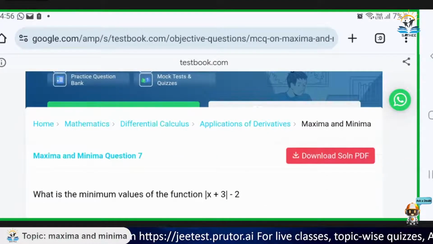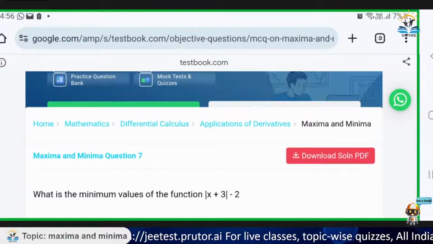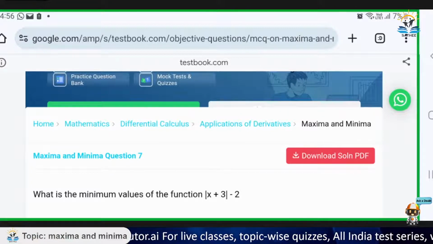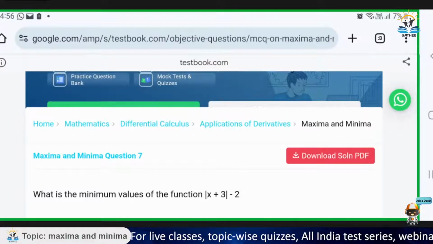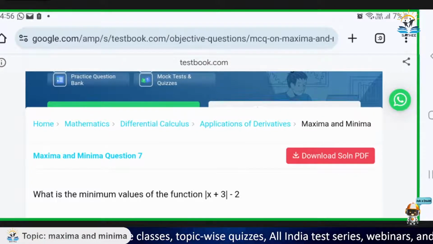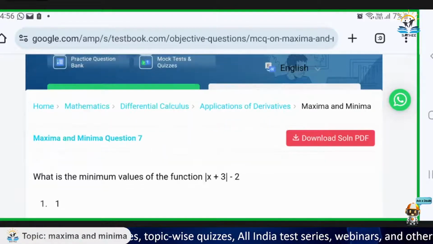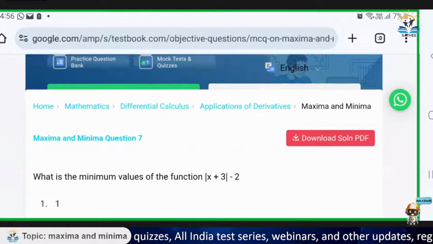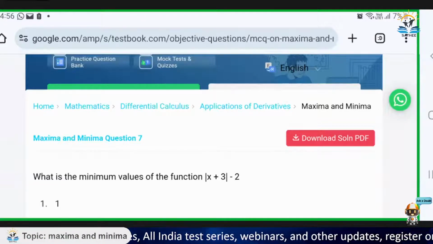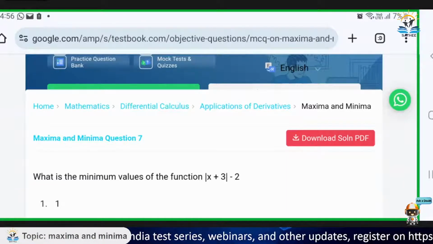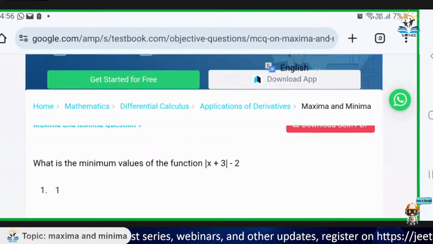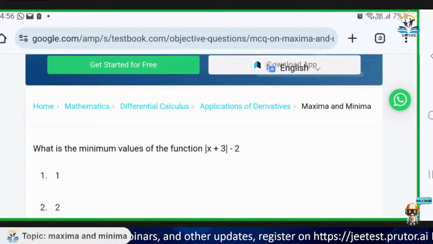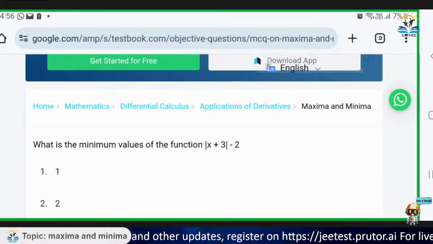So for x greater than or equal to minus 3, the mod will open directly. So we will get the function as x plus 3 minus 2, so we will get x plus 1. And for x less than minus 3, the mod will open with a negative sign, so we will get minus x minus 5. We can check this manually. Also we can check it by induction.